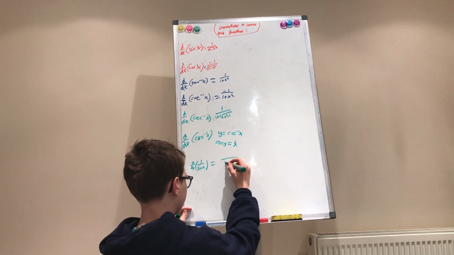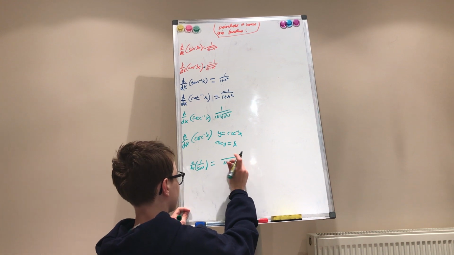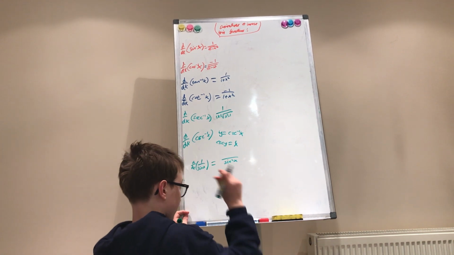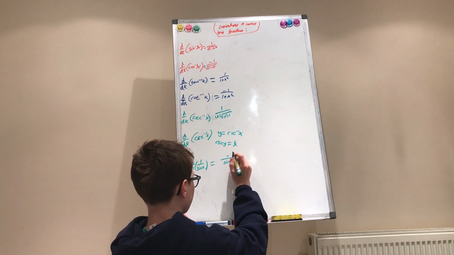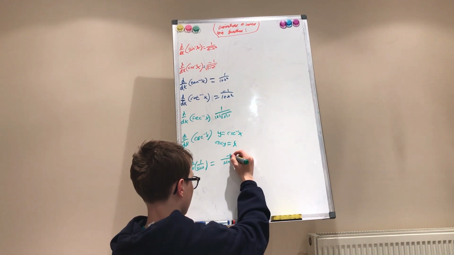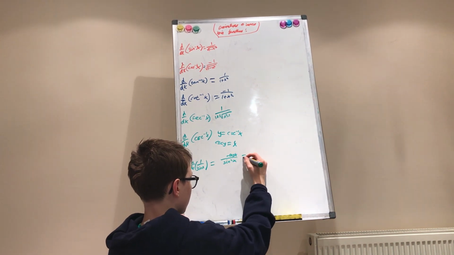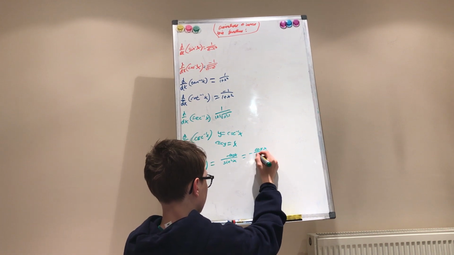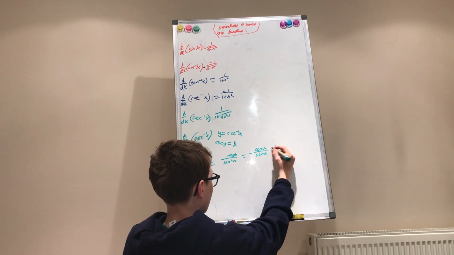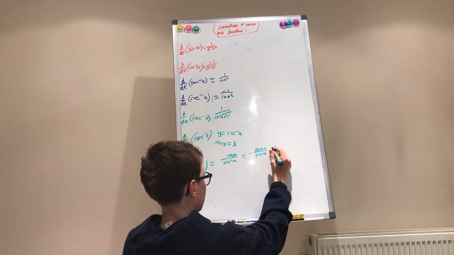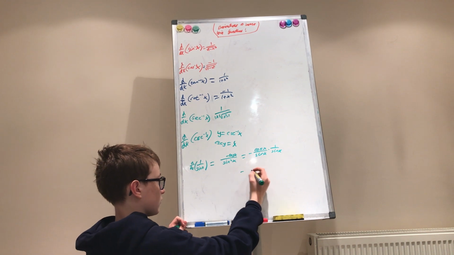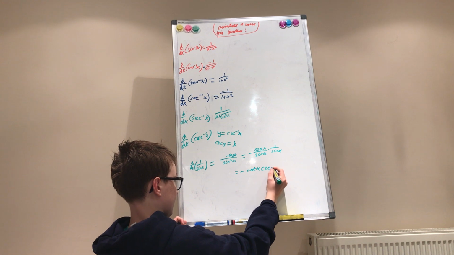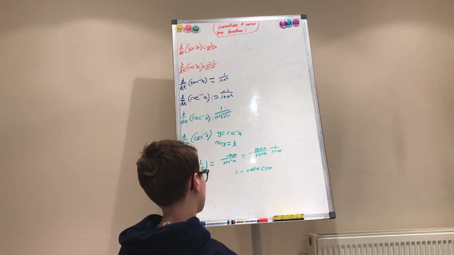It equals something over sine squared x, because we square the bottom. F prime times g just becomes 0 because the derivative of 1 is 0, minus g prime times f, or cosine x, which equals negative cosine x over sine x times 1 over sine x, which is negative cotangent x cosecant x. Okay, cool.